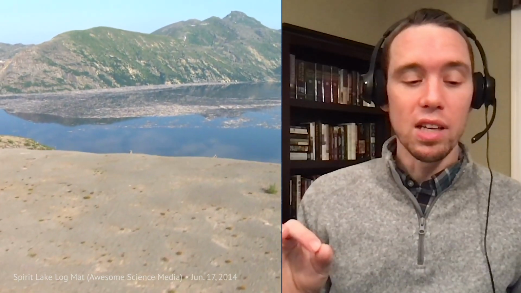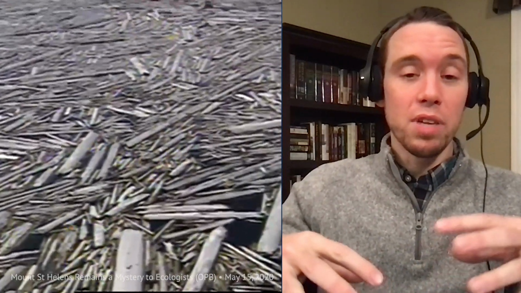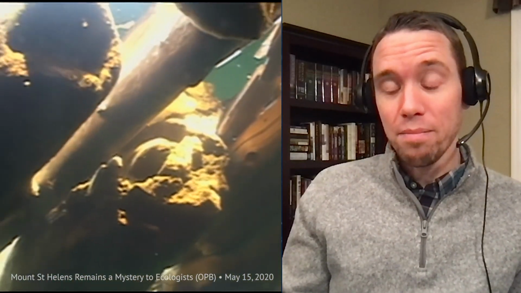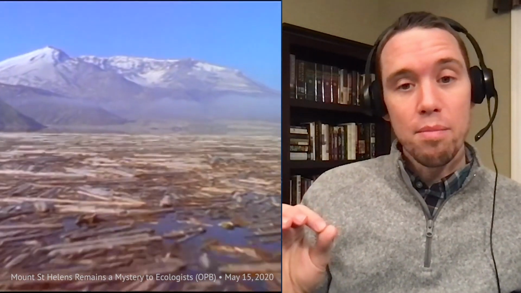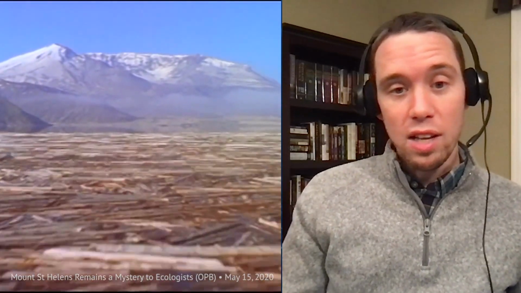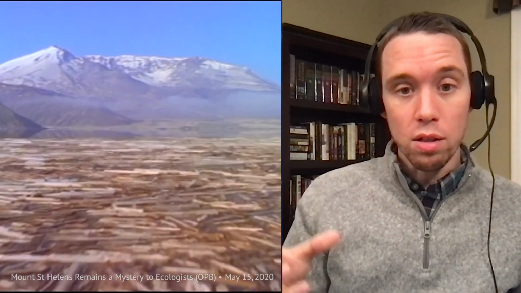But with Yellowstone in particular, what I was thinking of is that it also knocked down the nearby forest. Millions of these trees ended up getting dumped into the nearby Spirit Lake, where they floated around and formed a log mat on the water. In fact, many of them are still there to this day. Over time, because the root end of the tree is heavier and the roots are designed to soak up water, the root end would sink down into the water, and the tree would float upright.